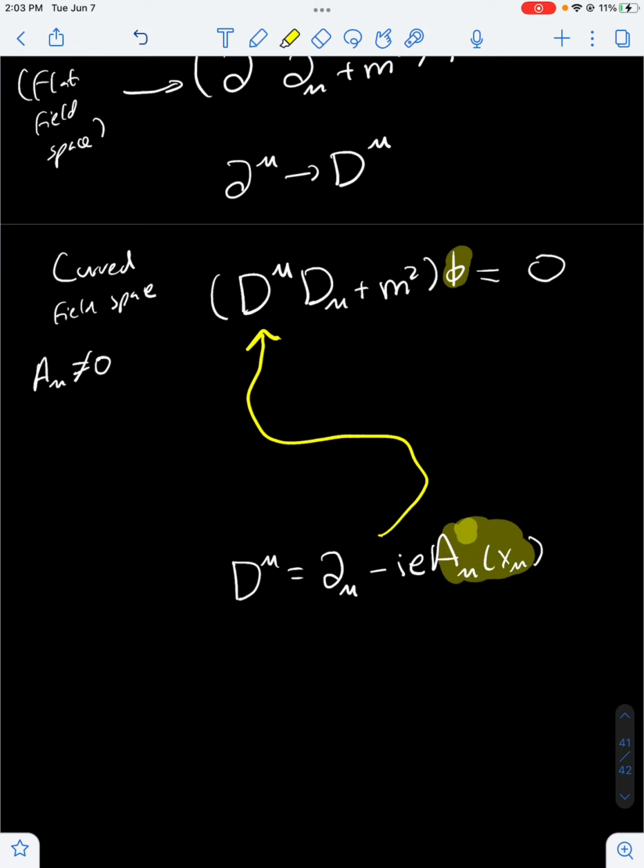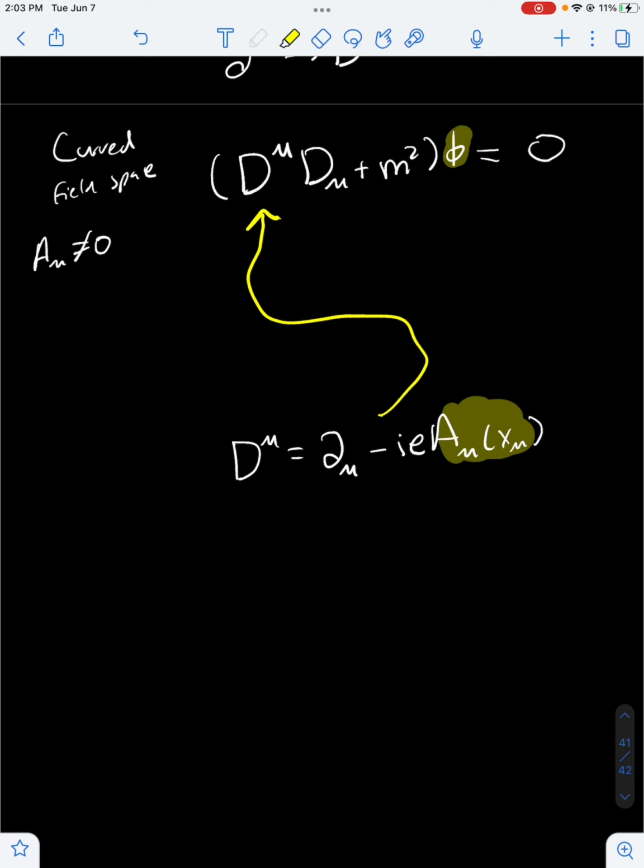And that's super cool, since by doing this, we are able to describe interactions between photons and particles like the Higgs boson and pions that are described by the scalar field. So by using the covariant derivative, we relate the scalar field and the EM potential, and we can describe interactions between them.